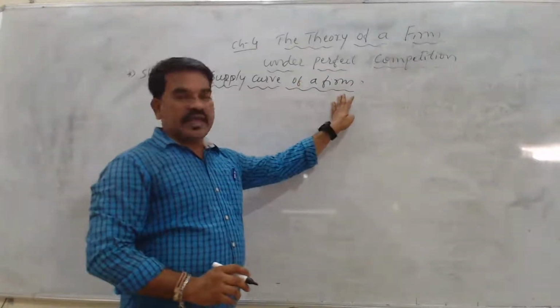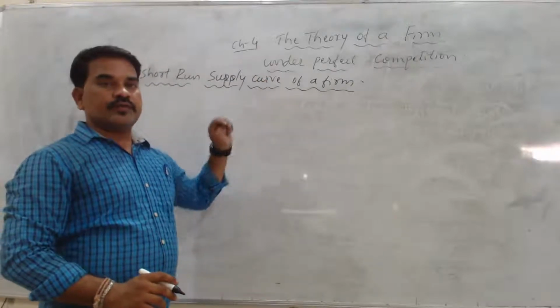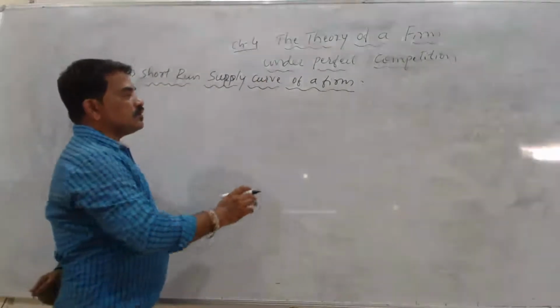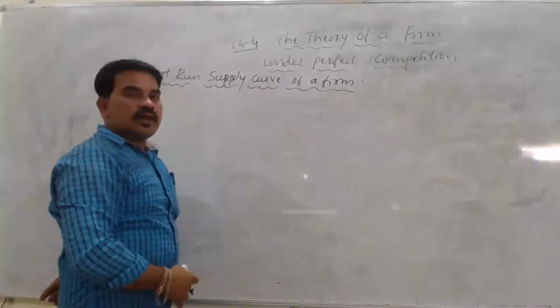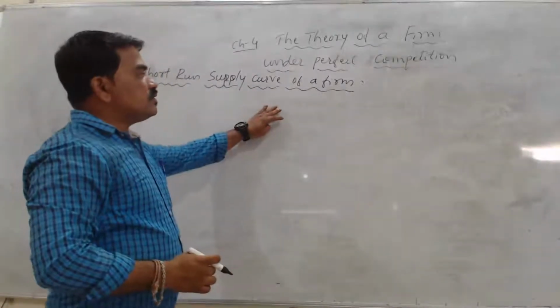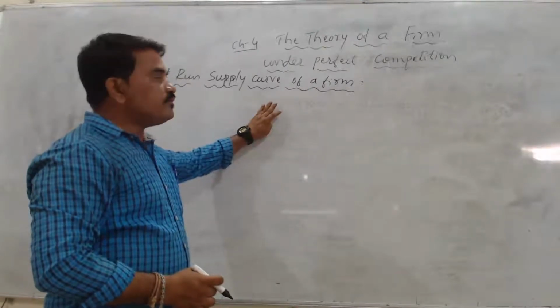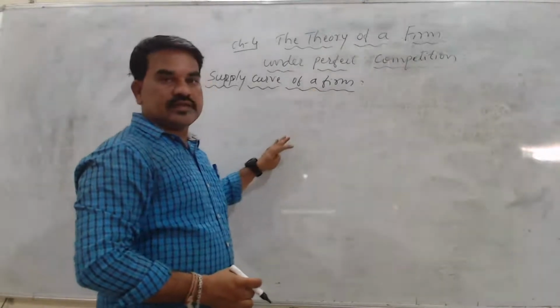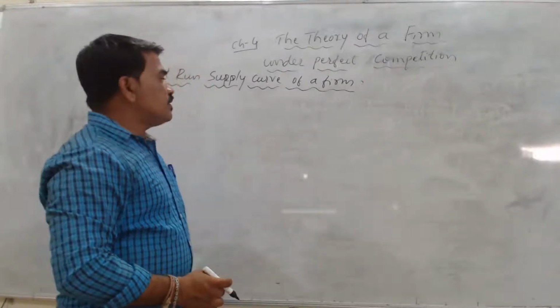But we know the behavior of the firm. It wants to maximize its profit. As we know, the firm is a profit maximizer, and we also discussed that there are three conditions. If the firm follows those three conditions, then it will get the right quantity.